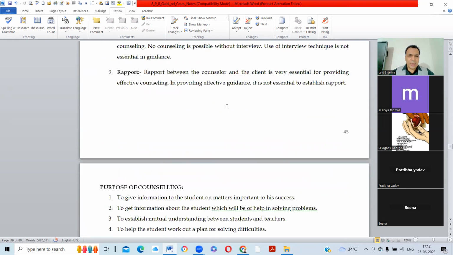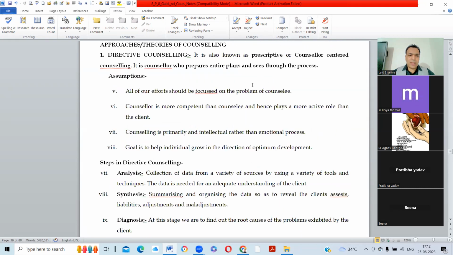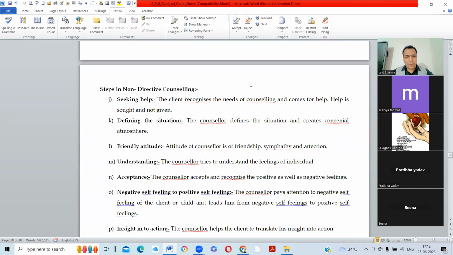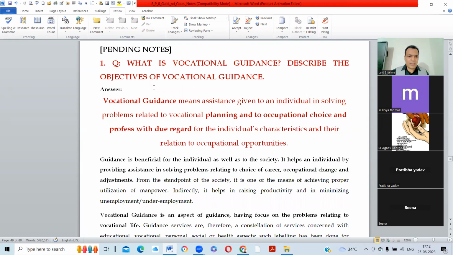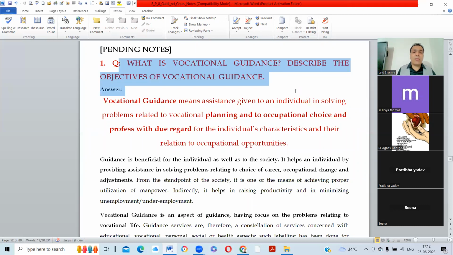And apart from this, at last there were some pending notes covering 2-3 questions, because we have covered eclectic and non-directive, and this part. Now the first question we have done, educational guidance. But there are two more types of guidance left: one is vocational and one is personal. So I have made notes of personal and vocational, because if the question comes, it can come from the vocational, personal and educational, from anywhere. So I have made notes of vocational guidance and objective of vocational guidance as well as personal guidance and objectives of the personal guidance.